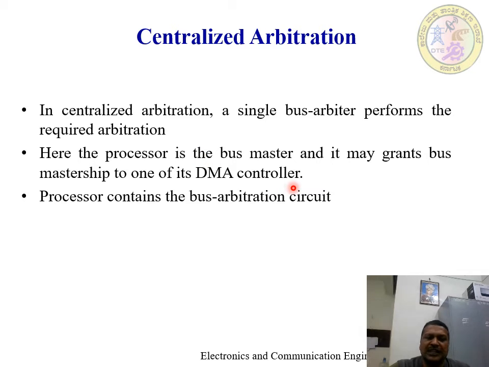When the processor is involved, it is the bus master and it has to assign bus mastership to one of the DMA controllers. The processor contains the bus arbitration circuit, so the bus arbiter may be inside or it may be a separate circuit. It is a generation of the signal.